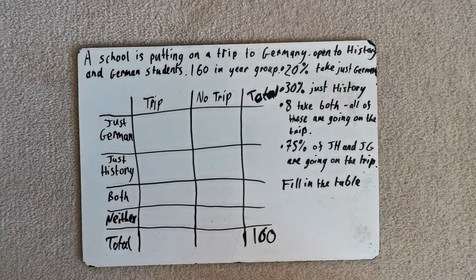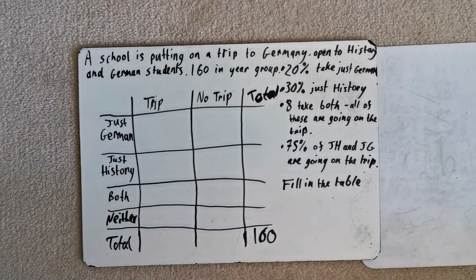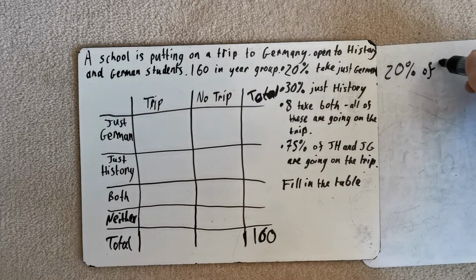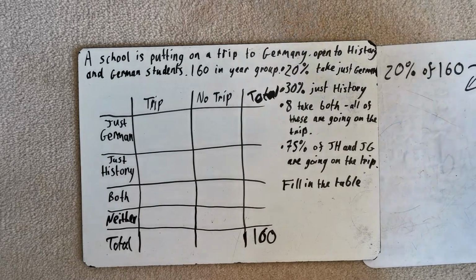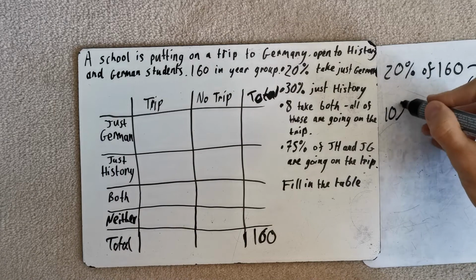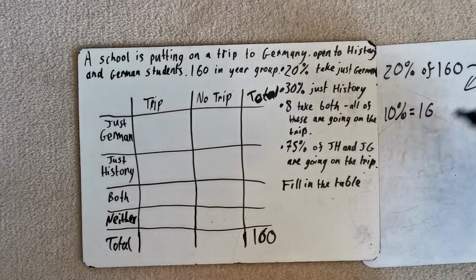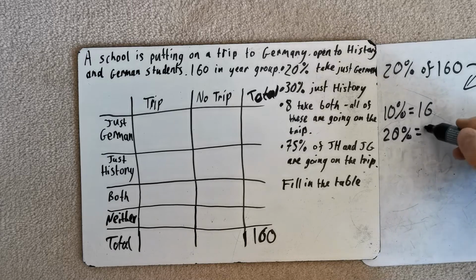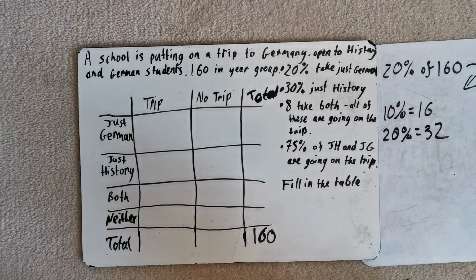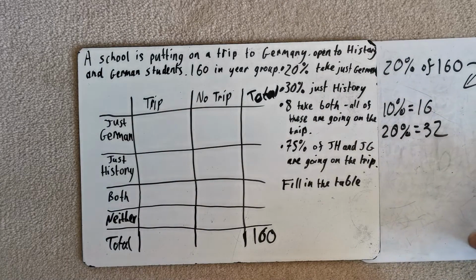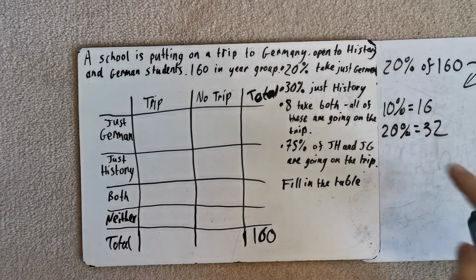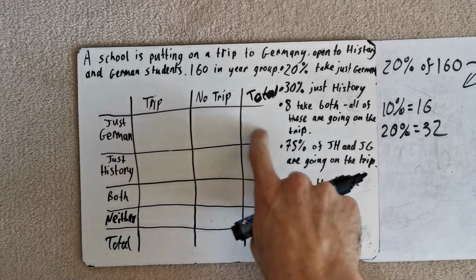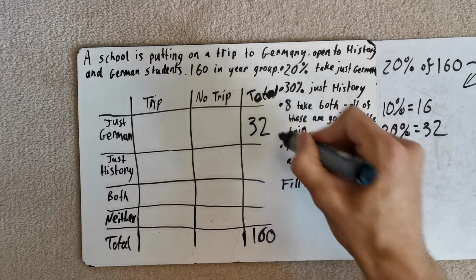Okay, so let's find 20% of the 160. Okay, so 10% is 16. So double that to get our 20%. We would get 32 that take just German. So 32 just German.